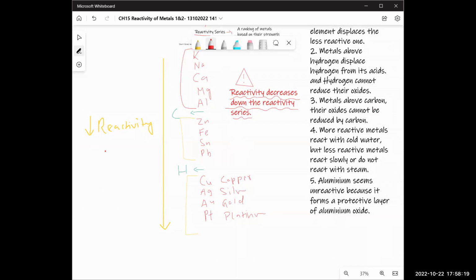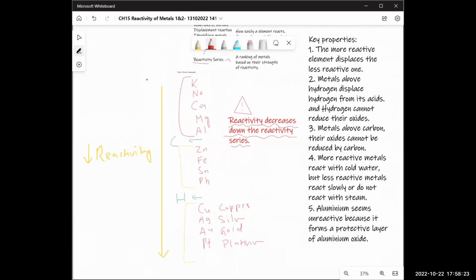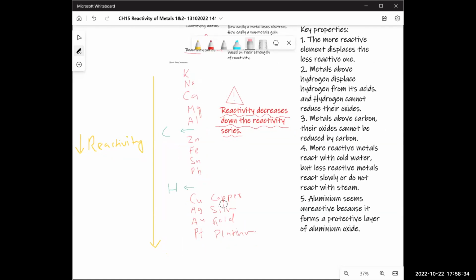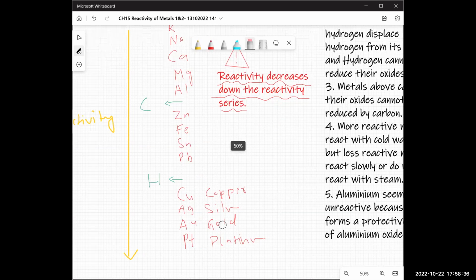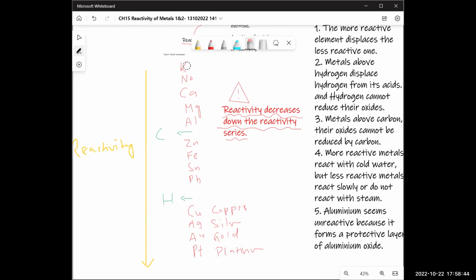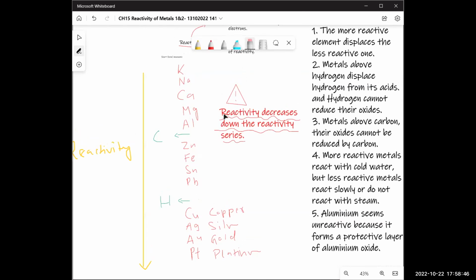The higher you are in the series, the more reactive you are. Exactly. One thing we need to realize is that copper, silver, gold, platinum, these are the least reactive. They don't react at all, or very little, while potassium, sodium, all of these react a lot.